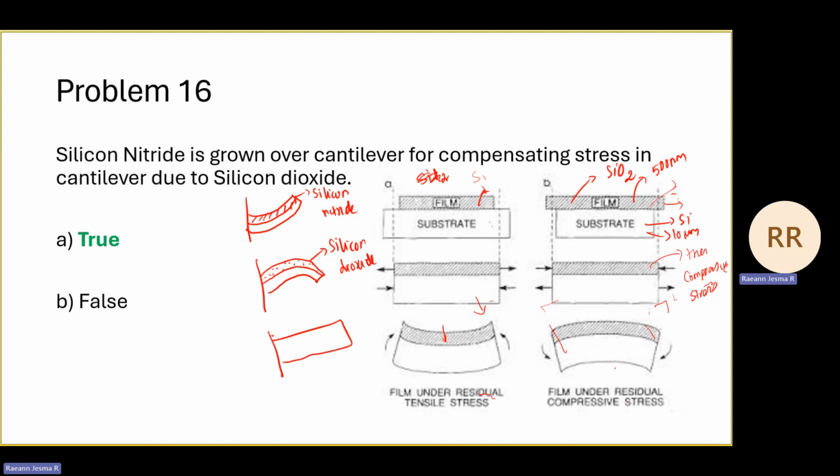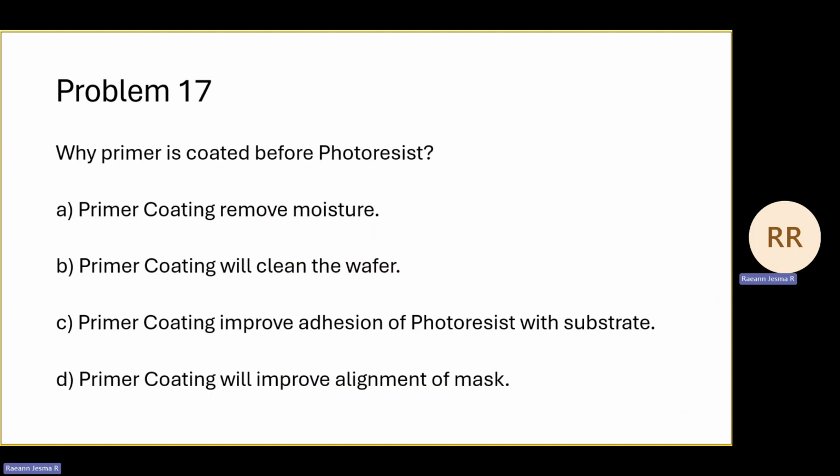By having suitable thicknesses of silicon dioxide and silicon nitride, we can ensure that our fabricated cantilever is not bent in any particular direction. That's why we are growing silicon nitride over the cantilever: to compensate for the stress due to silicon dioxide. Now let's move on to the next question.